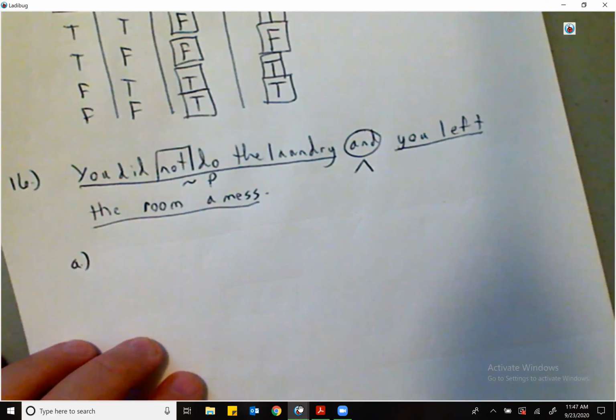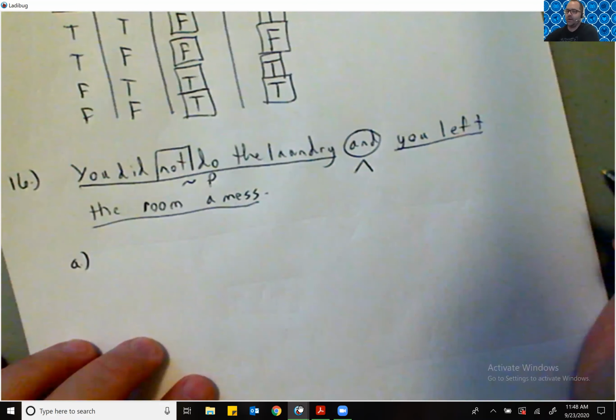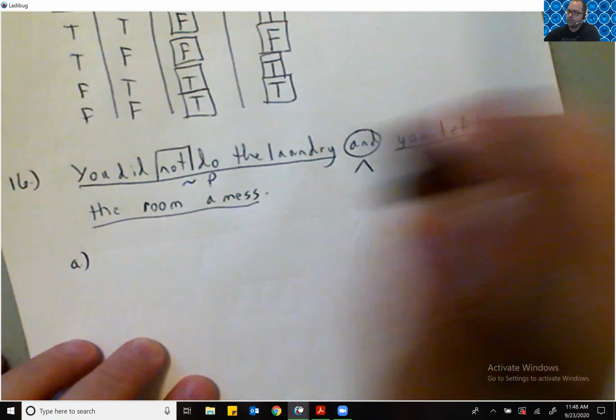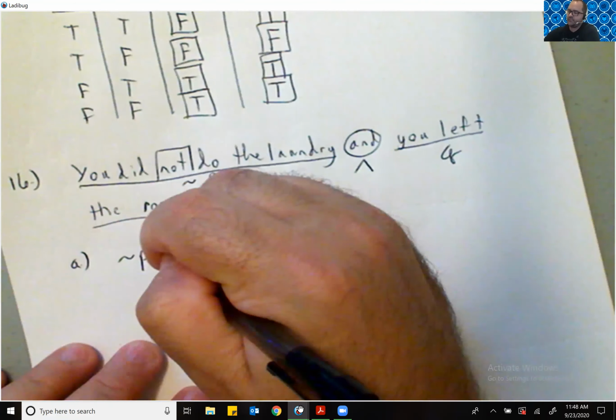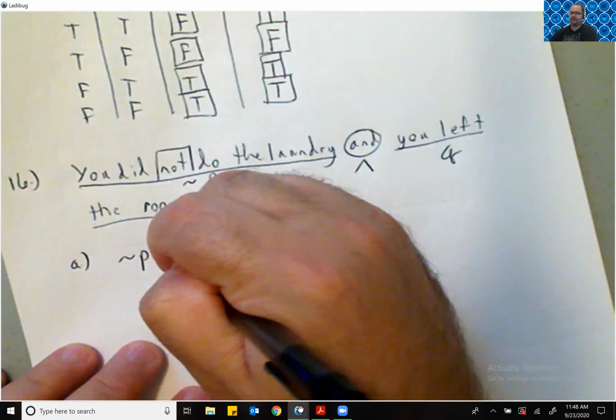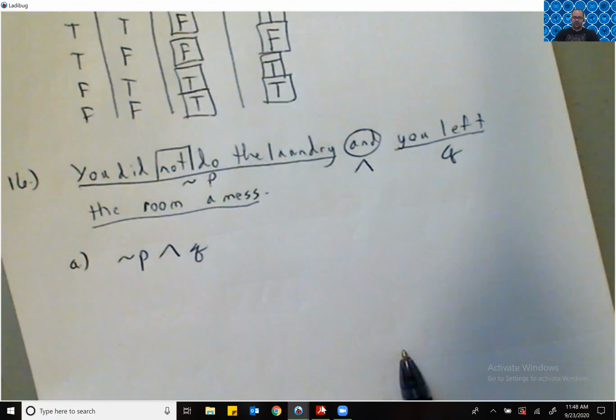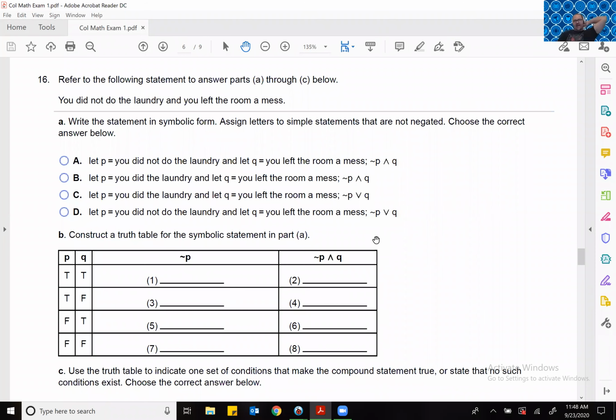You left the room a mess. What is that symbol wise? Q. So now you know what our statement consists of: negate P and Q.